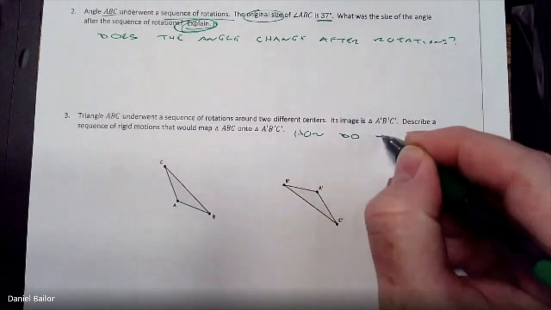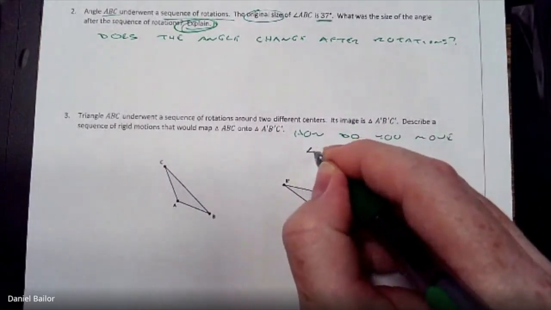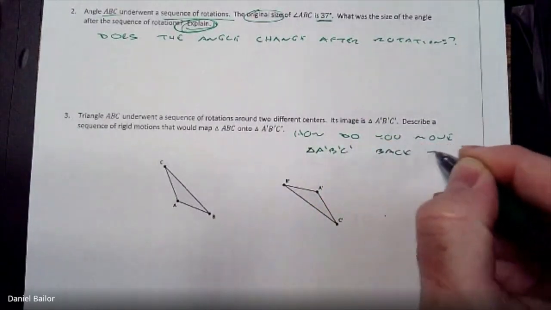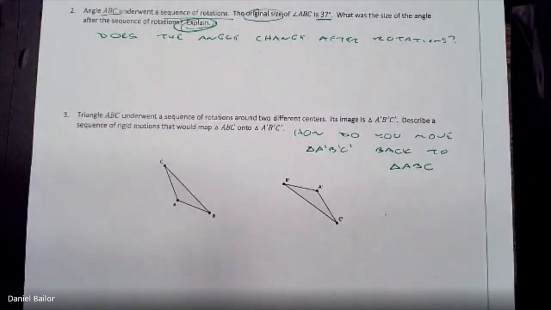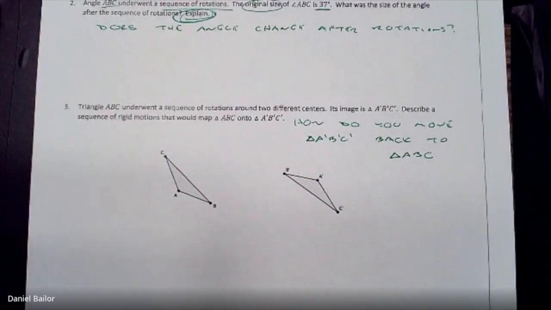How do you move triangle A prime, B prime, C prime back to triangle ABC? And you'll probably need at least 2 steps. And remember to write what you do and the rule you follow when you do it. So that will be your exit ticket. That will be what you take a picture of and turn in on the Google Classroom.